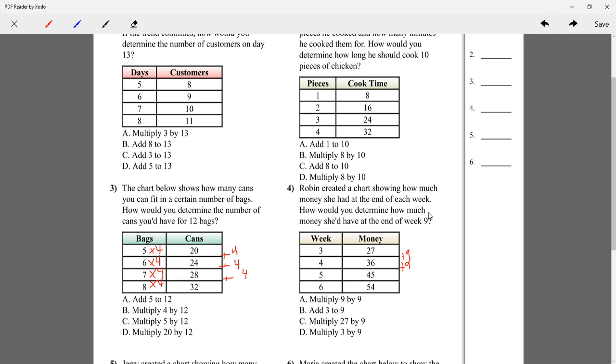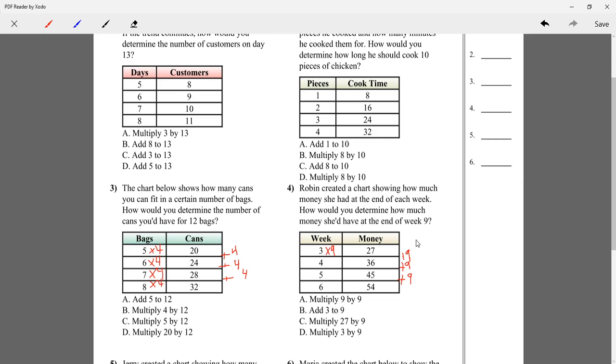Anyway, these are all multiples of 9, right? So we're just multiplying in this case by 9. Okay? So a good way to do this, as I said, is figure out how much is changing on each side of the chart.